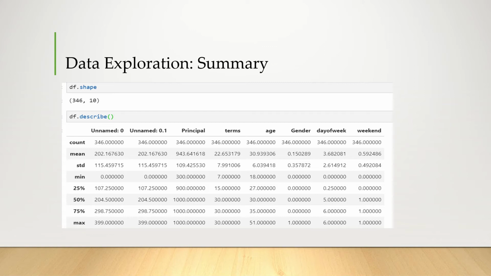For data exploration, let's take a look at our data shape. Then let's have a look at our data distribution characteristics in terms of its tendency and standard deviation.